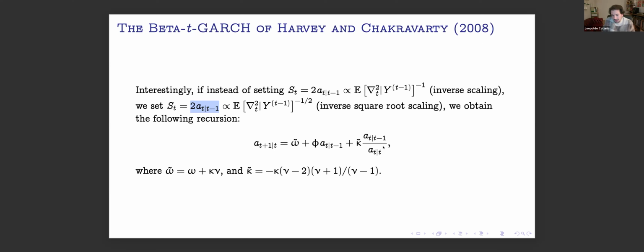I mean, it's similar to what's going on in a Kalman filter, but now instead of having the difference between filtered and predictive mean of the state variable, we have the ratio. And so this is telling us how to update the time varying parameter or the predictive mean of the state variable.